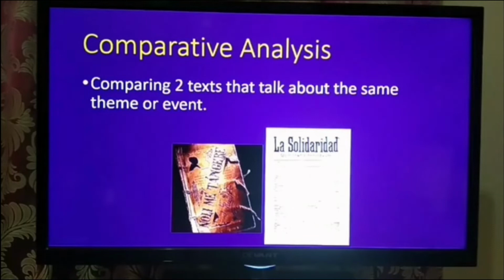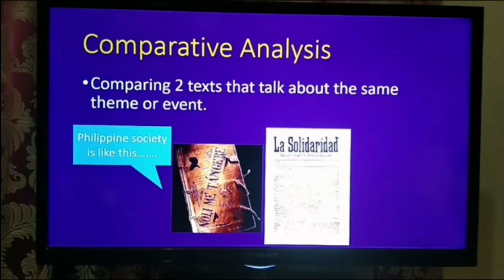And we try to find a pattern. What are the common things they say? What are the things that they disagree with? And then we have an overall picture. Now, both of them, what is common is that they talk about Philippine society in the 1800s. So Noli has his own version of what Philippine society looks like.